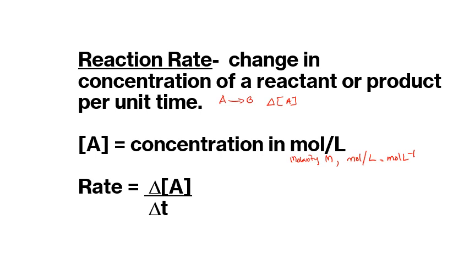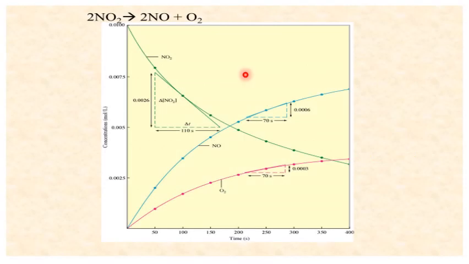And how can we write the rate? Rate equals change in concentration of reactant divided by change in time. To explain the change in concentration of a reactant and product, let us see the graph here, and the equation 2NO2 gives 2NO plus O2.